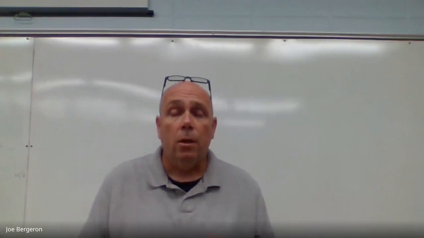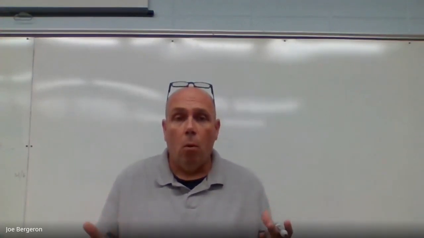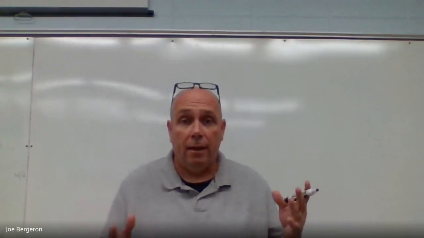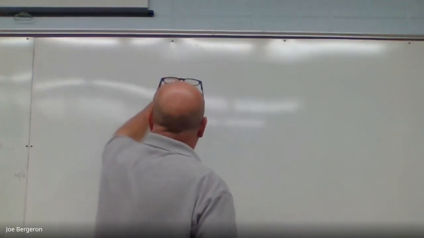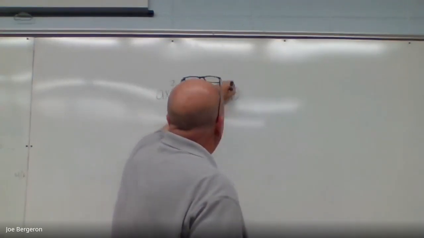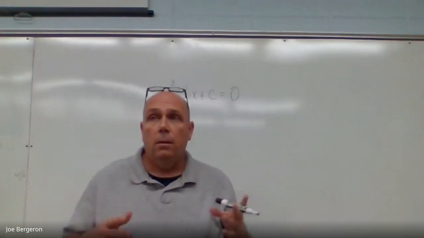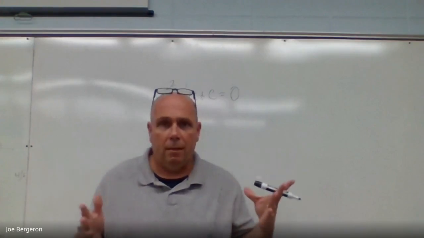And again, we're talking about factoring. The quadratic equation is simply one more method that we use to factor a quadratic equation. And if you remember correctly, ax squared plus bx plus c equals 0 is where we're getting our information from. Now, you see A and B and C and you think, well, that doesn't make any sense.